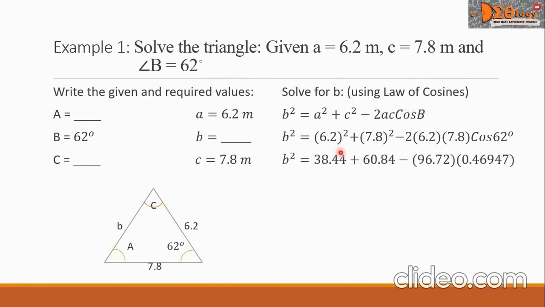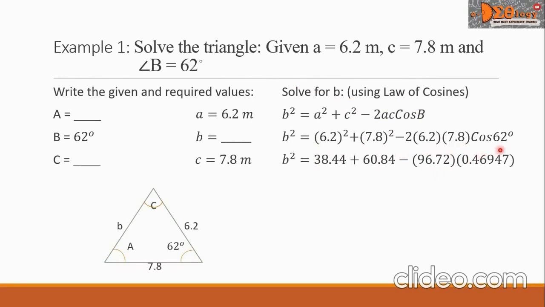This 6.2 square is 38.44 plus 7.8 square is 60.84 minus, let us get the product of these three numbers. 2 times 6.2 times 7.8 is 96.72.